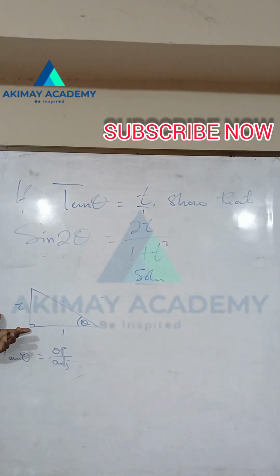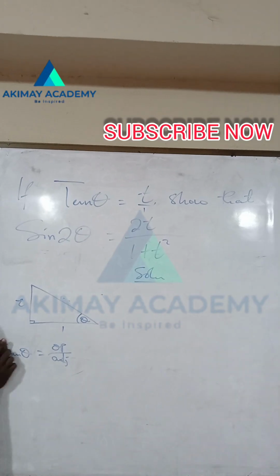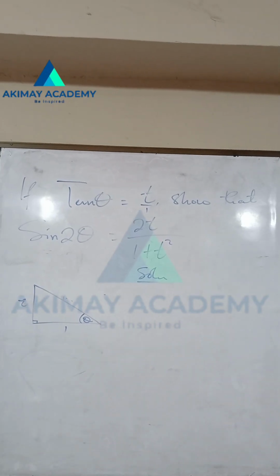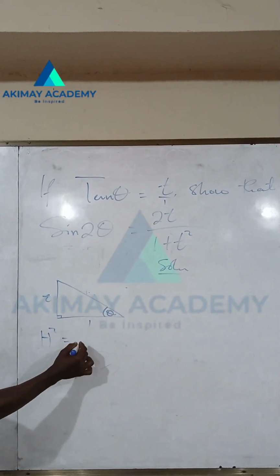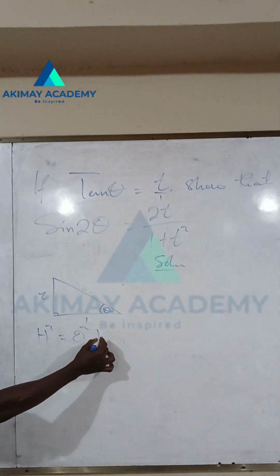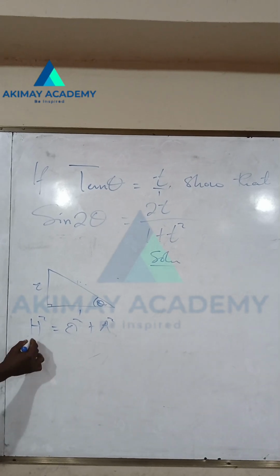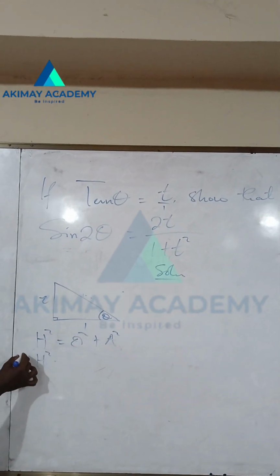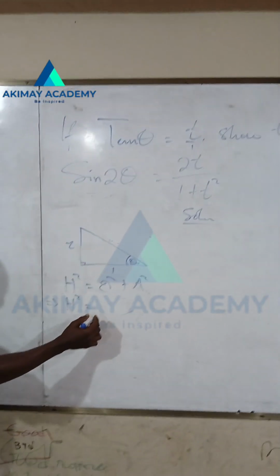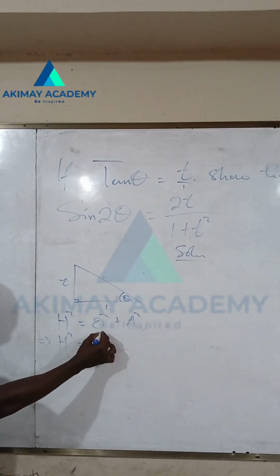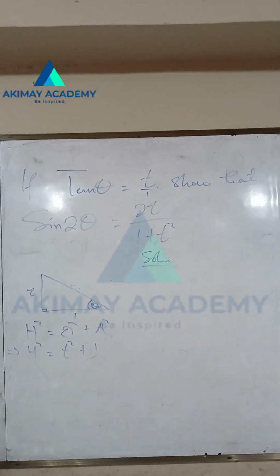And what theorem can we use? Pythagoras. So with the Pythagoras theorem, hypotenuse squared equals opposite squared plus adjacent squared. So here hypotenuse we don't know, right? Then we have opposite as t, so we have t squared, adjacent 1.